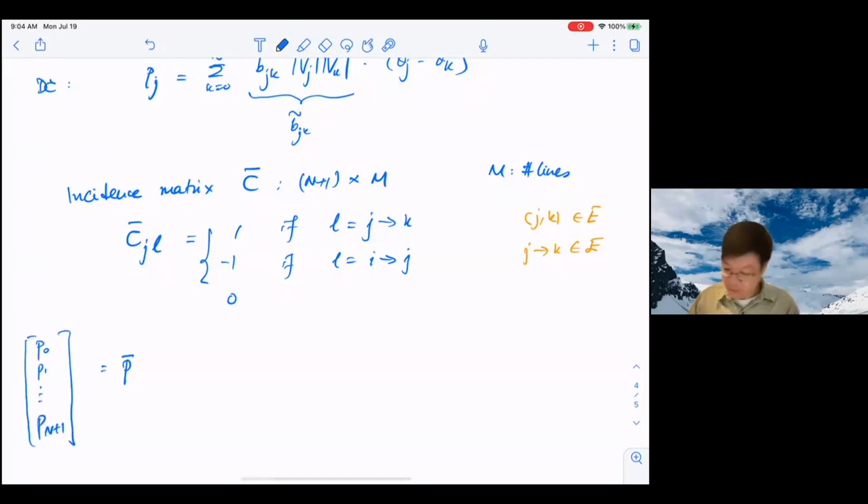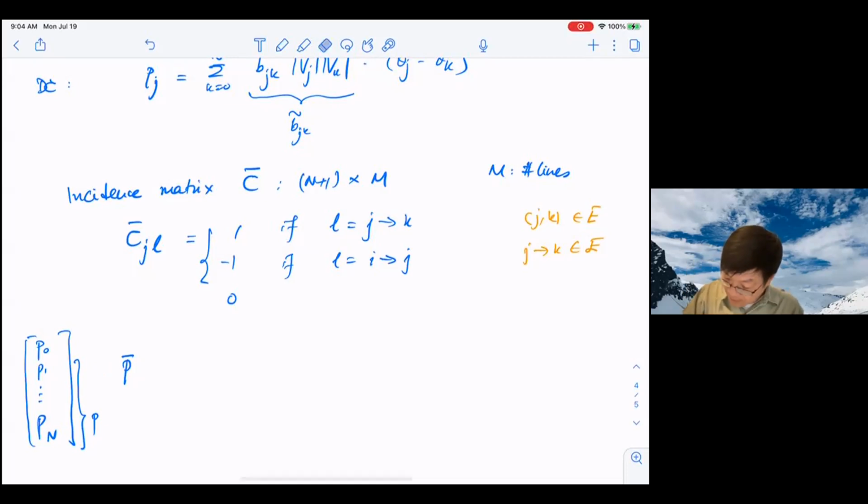The reason is that for many applications, we will compute only P1 to Pn and ignore P0, and therefore sometimes we use P without the bar to indicate the n dimensional vector.